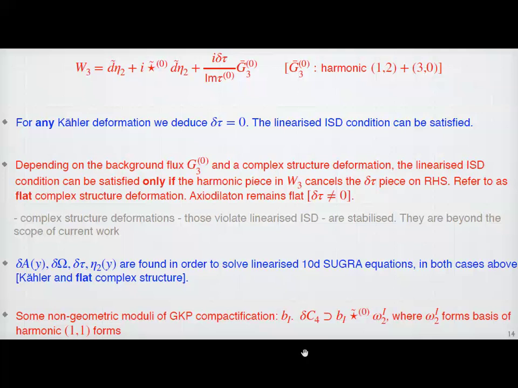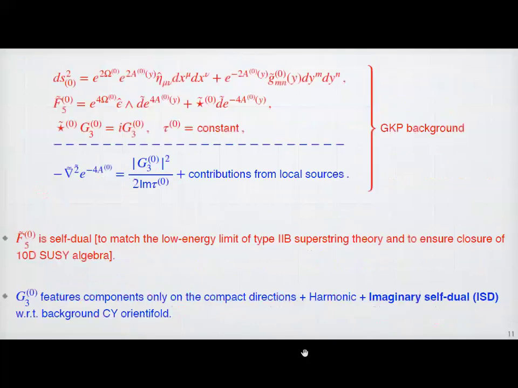So, okay, solving linearized 10D supergravity equations, we have fixed the y-dependent functions. I'm not giving details, but I will show some soon. And I am talking about geometric moduli, like the deformations of the Calabi-Yau.